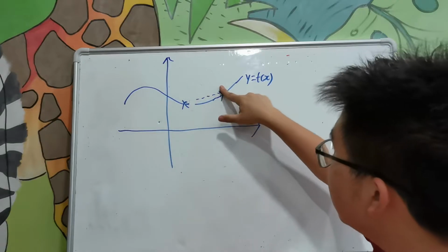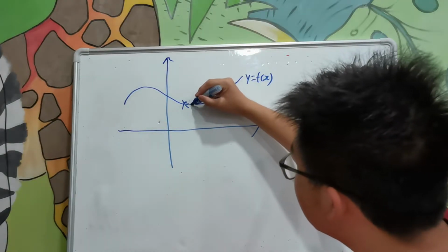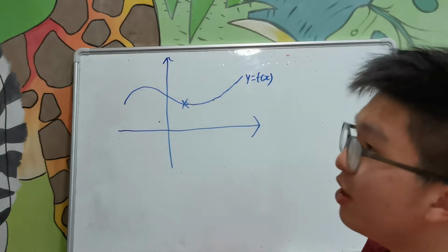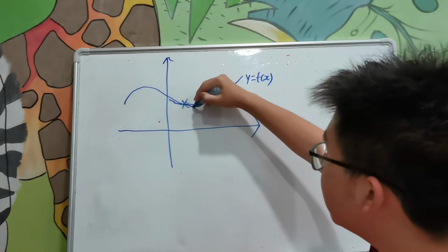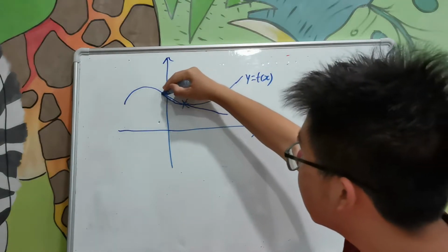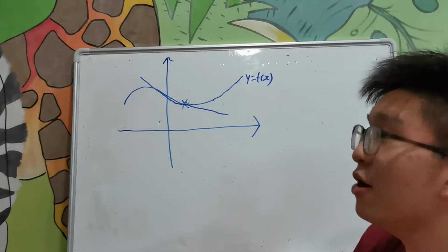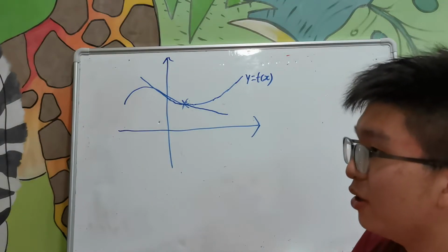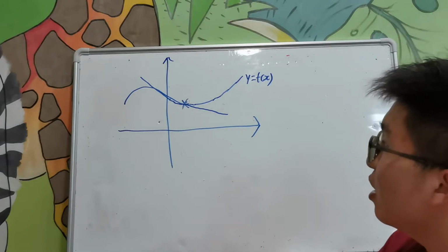And eventually, when I have the point on itself and I draw a line, I will have a line that is tangent to the function. And when it's tangent to the function, that's how you get the instantaneous rate of change, because the gradient of the tangent is the rate of change of the graph.